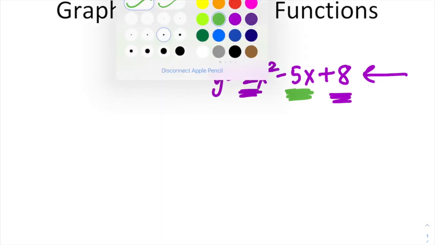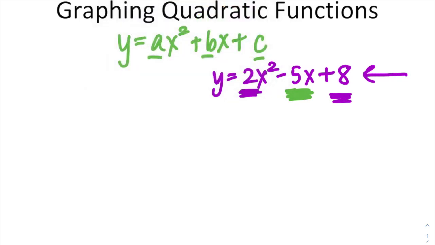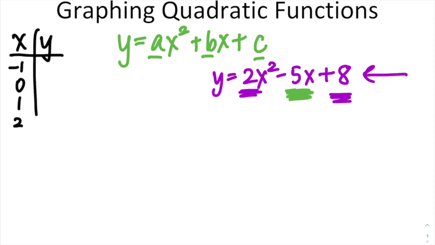You could do the old school way of graphing like you did on your last assignment, and make a table of values, x, y, and put values in for x and find the corresponding y, but that could take some time. And also, how do you know what part of the graph you're looking at?